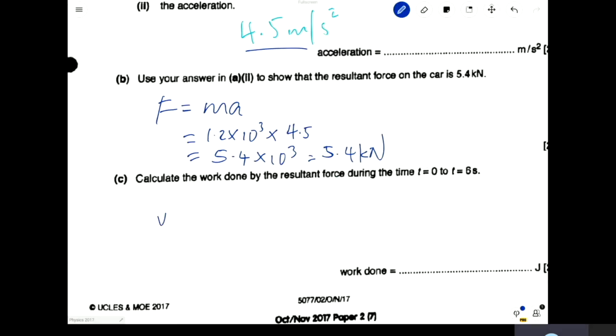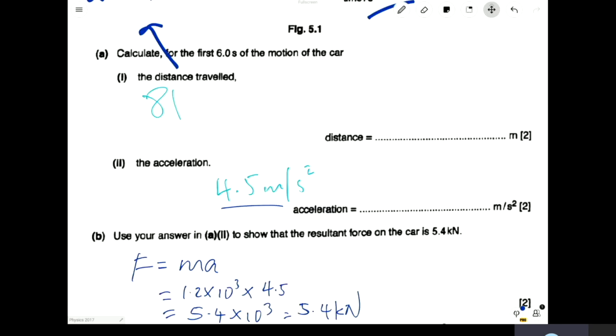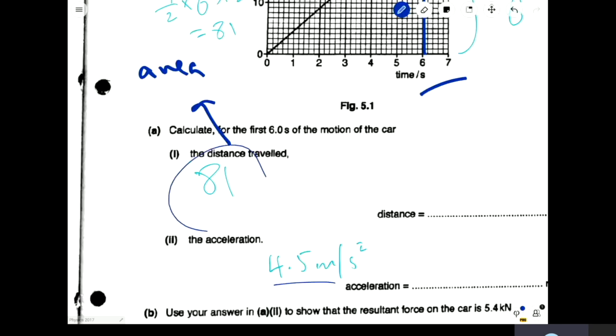So calculate the work done. What's the formula for work done? Work done equals force times distance. So force is 5.4 times 10 to the power 3. Now what's the distance it traveled? See here, 81.